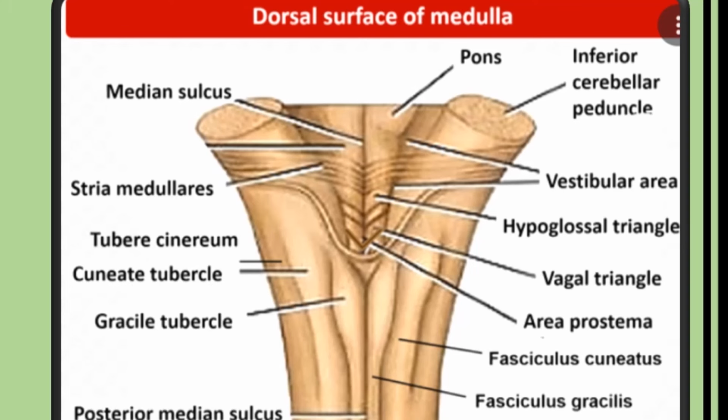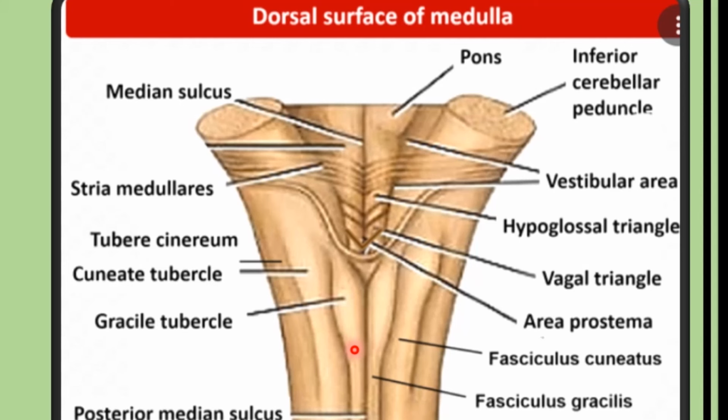If we trace the fasciculus gracilis proximally, it will end in a swelling. The name of this swelling is the gracile tubercle. The content of this gracile tubercle is a mass of gray matter called the nucleus gracilis.